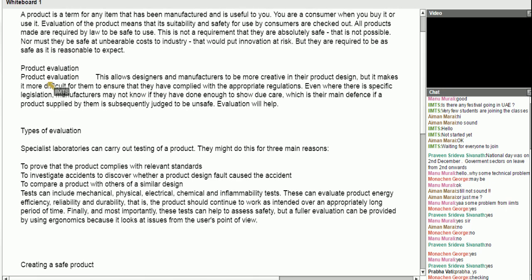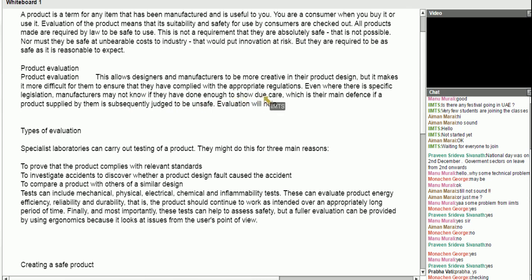Second, product evaluation allows designers and manufacturers to be more creative. With this initiative, they have to be more creative while designing the product. But it makes it more difficult for them to ensure that they have complied with the appropriate regulations. Even where there is specific legislation, manufacturers may not know if they have done enough to show due care, right?